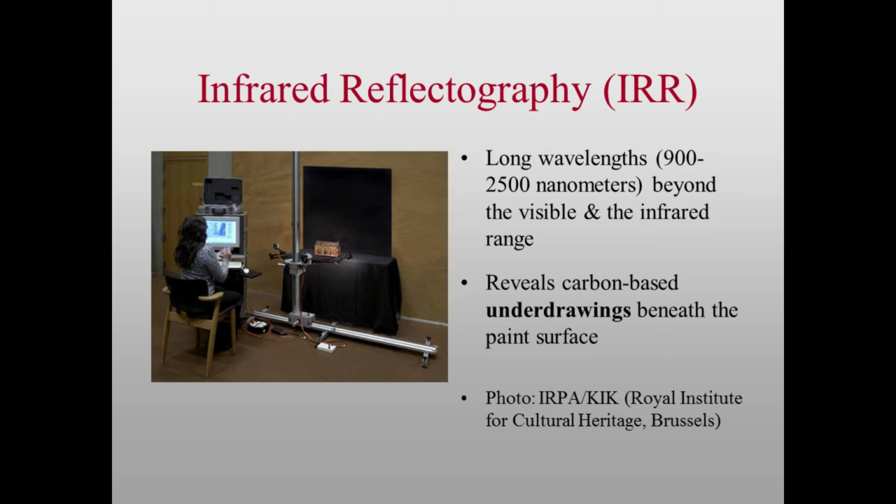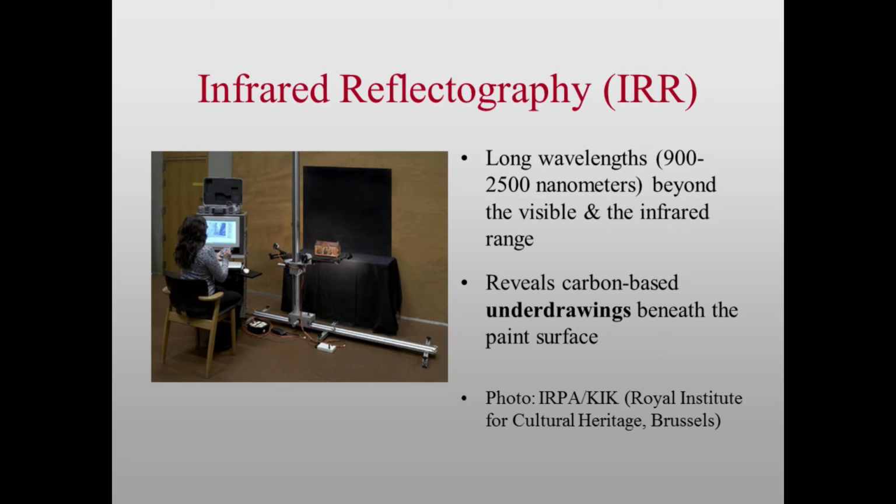What it does is these wavelengths will pick up carbon-based underdrawings. And of course, underdrawings just means drawings beneath the visible surface of the paint. So if the artist is drawing in black chalk or some kind of paint that is carbon-based, it will pick it up.